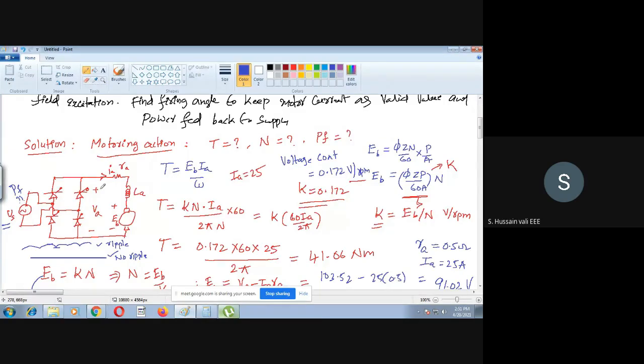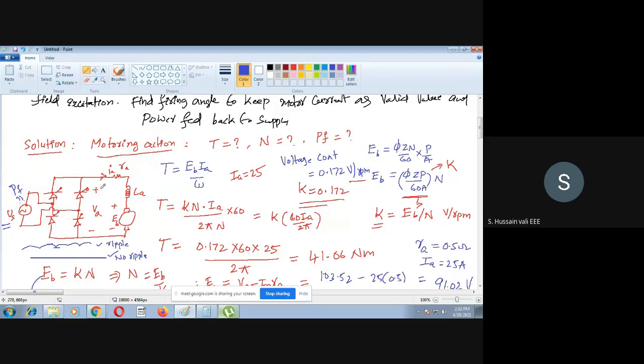Regarding the power factor, last class I told you that you cannot use the equation cos alpha or cos theta as power factor, because that is valid only for sinusoidal excitations or sinusoidal variables. Whenever you have a power electronic converter in any power system, because of this converter the current or voltage waveform is non-sinusoidal.